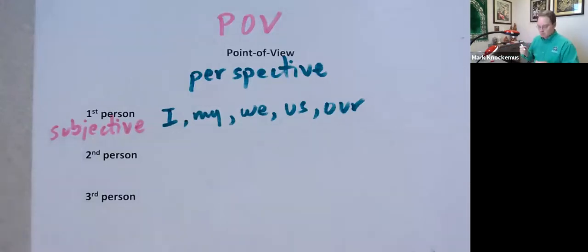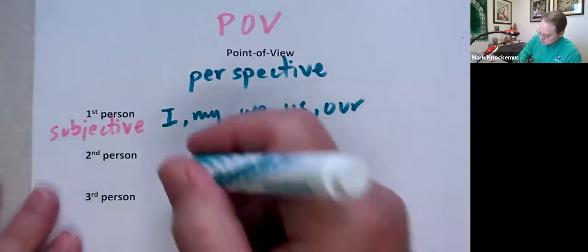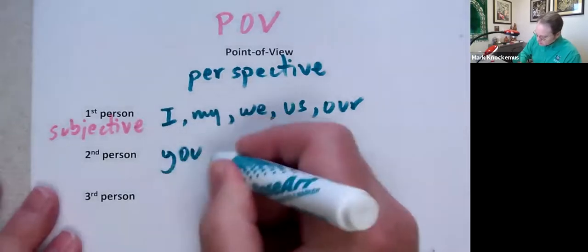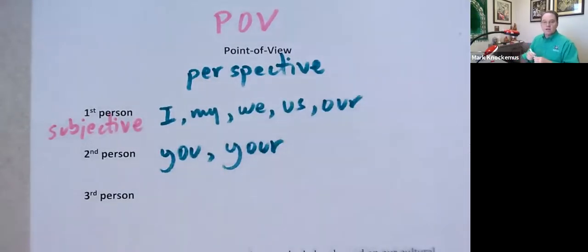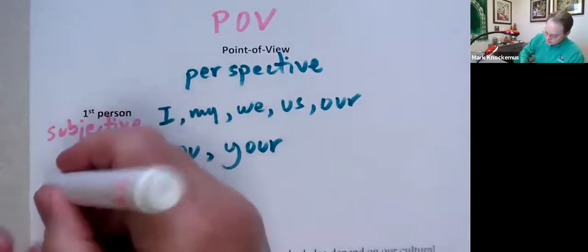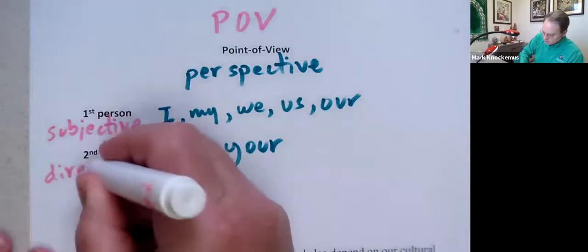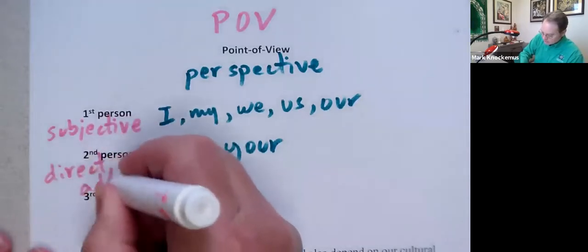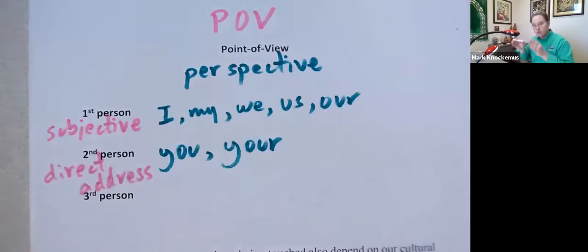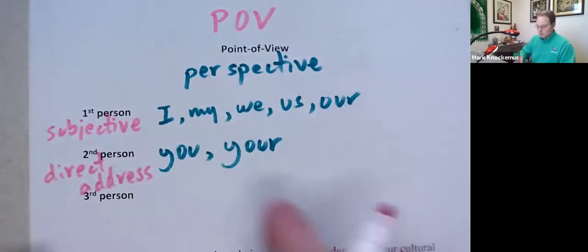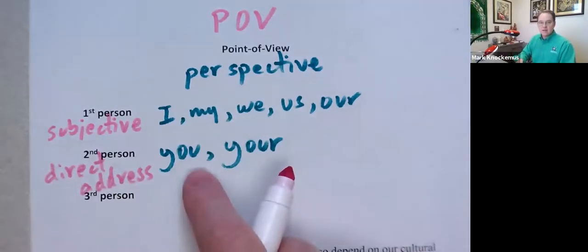Second person point of view is when you have you and your. This is often referred to as the direct address, when you're talking to someone face to face. That's second person.